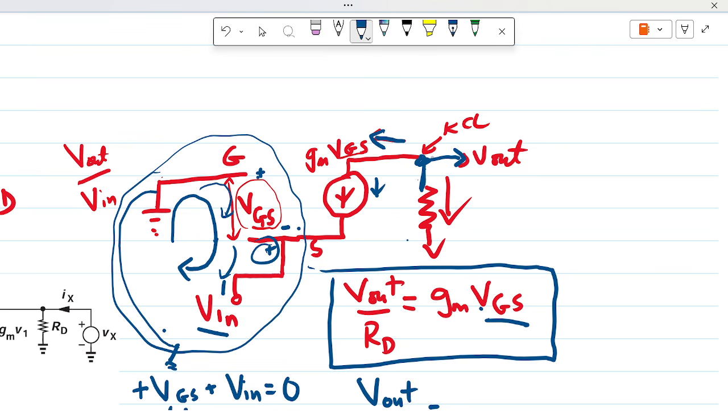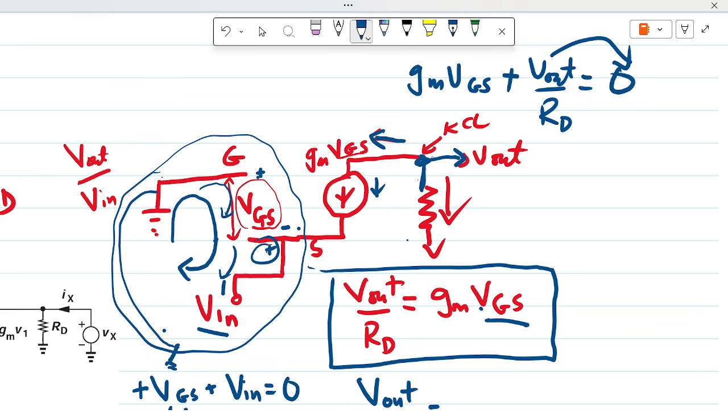So we have GM VGS leaving the loop plus Vout over RD also leaving the loop, and they should sum up to 0. So when you send this to the other side, they are not equal, but one is the negative of the other one.